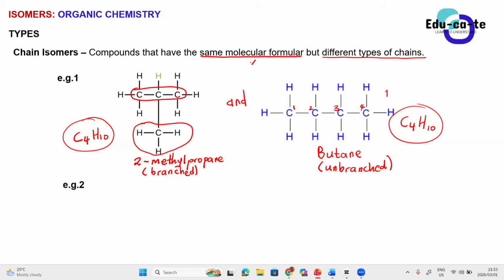They have the same number of carbons, same number of hydrogens, same number of oxygens, but different types of chains. One chain is branched, the other one is not branched. Whenever you hear of chain isomers, you should just know that one of the chains is branched, another one is not branched. Are we clear, guys?